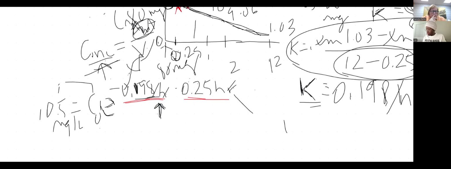Negative one. So k is equal to 0.198, and I'm multiplying that by 0.25, correct? Yeah, I have a negative 0.0495. That's what I got too.